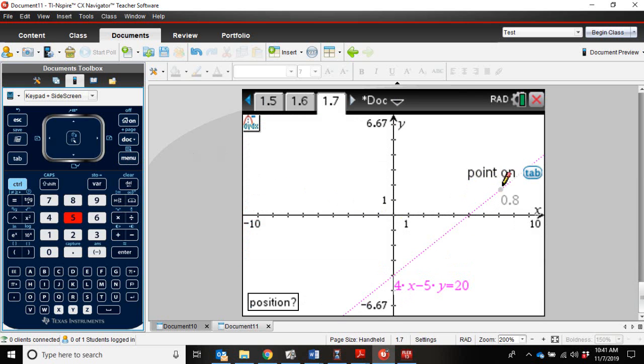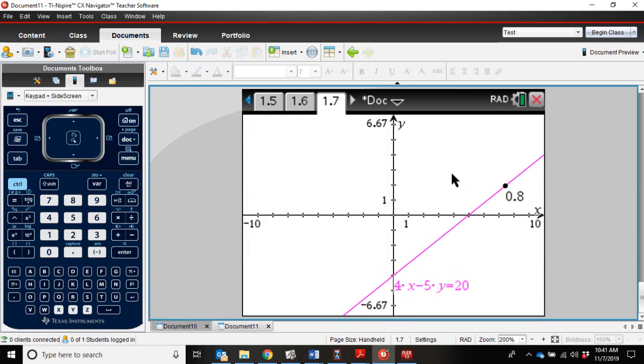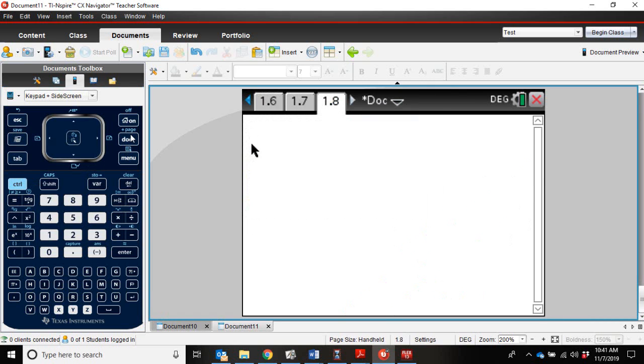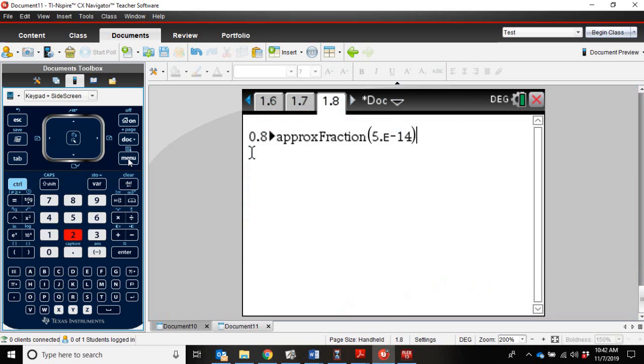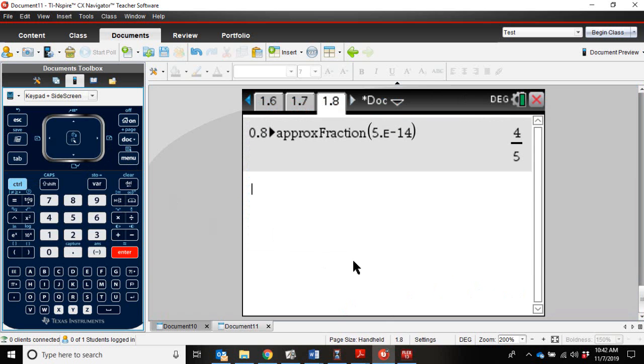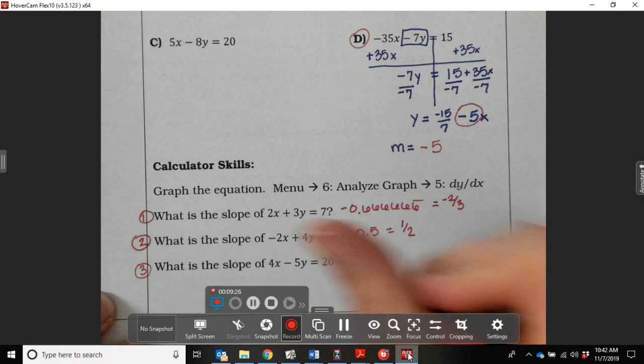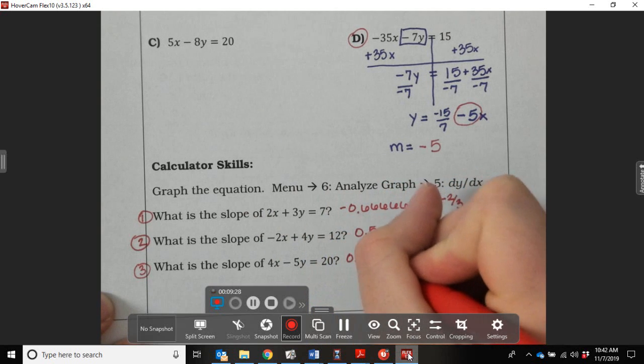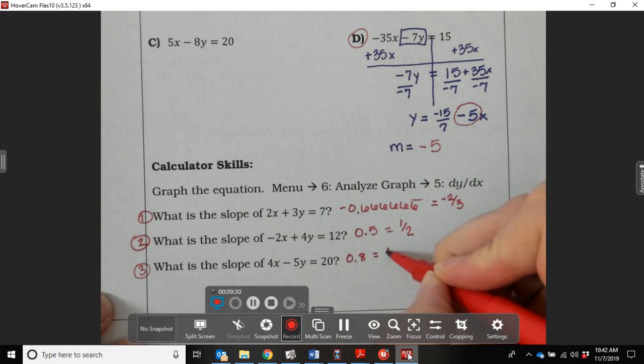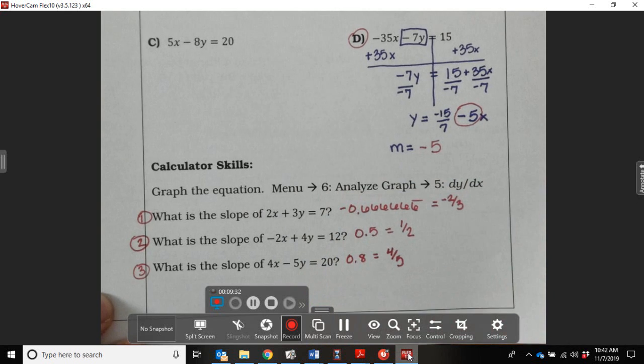And we just scroll over to the line. So here I get 0.8, and then I'm going to change it to a fraction. So menu 2, and my answer is 4/5. So 0.8 equals 4/5, and that's my slope.